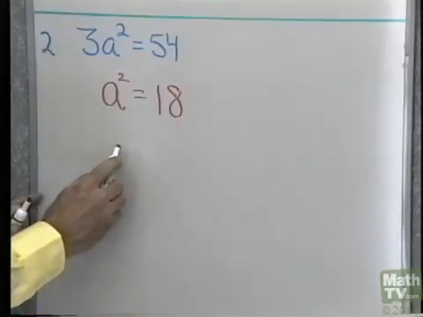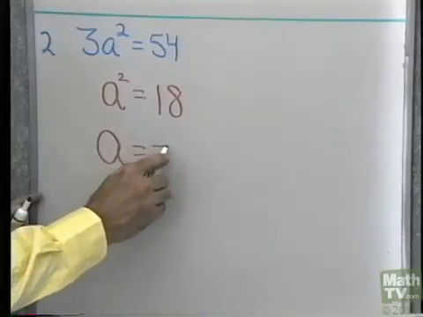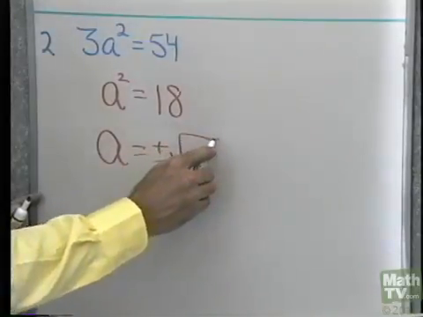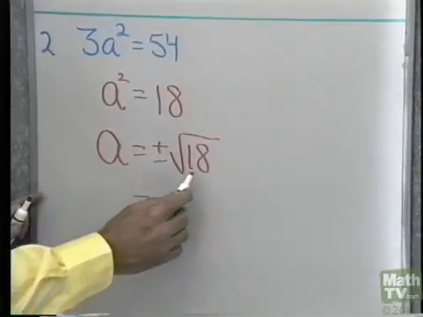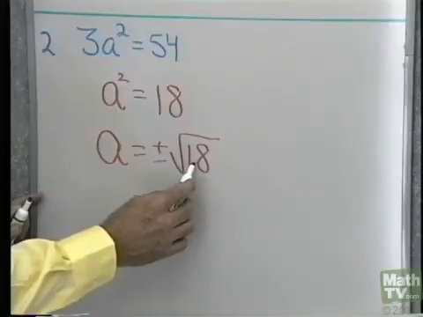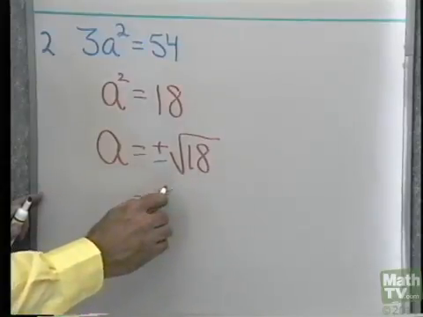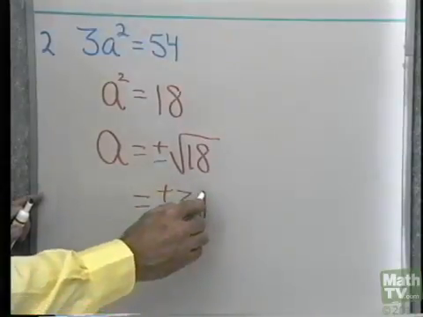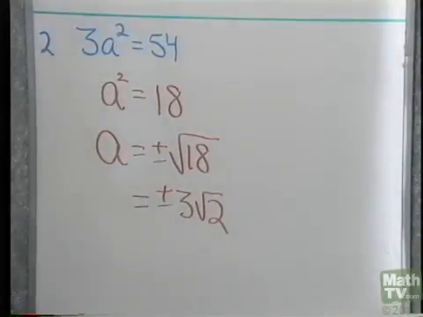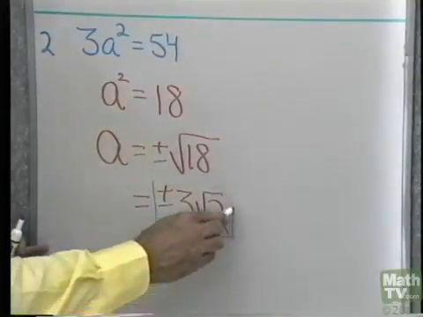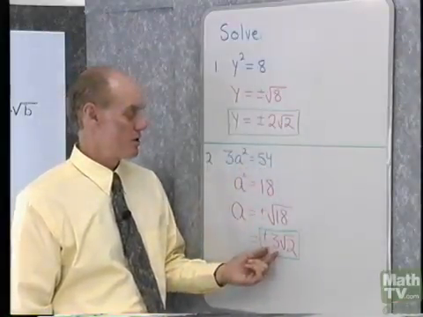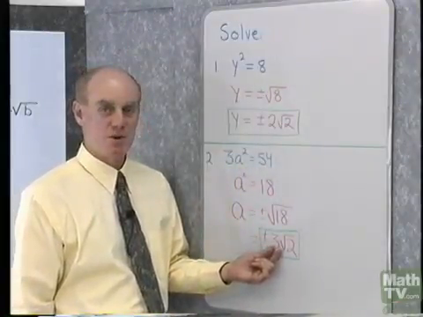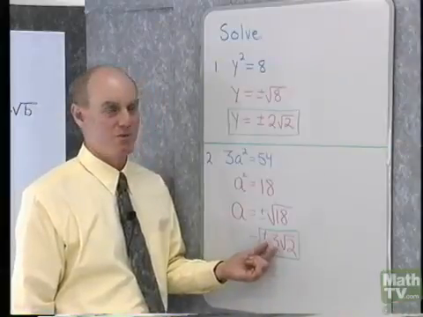Now I'll apply my new theorem and write a as either the positive or the negative square root of 18. And since 18 contains the perfect square 9, that is, it's 9 times 2, I get plus or minus 3 square root 2 for my two solutions to that equation. So 3a squared equals 54 has two solutions, plus 3 square root 2 and minus 3 square root 2.